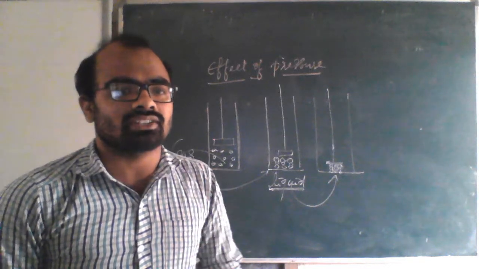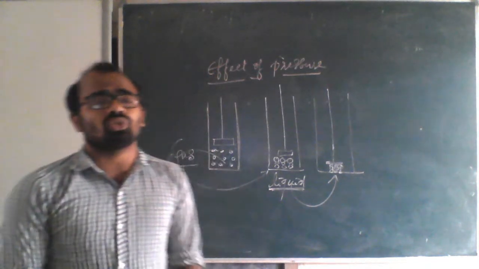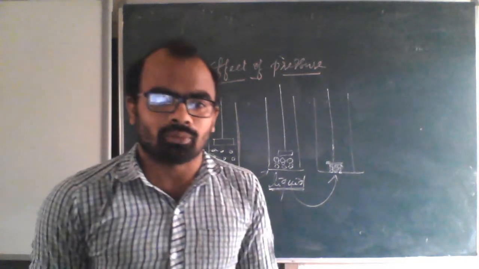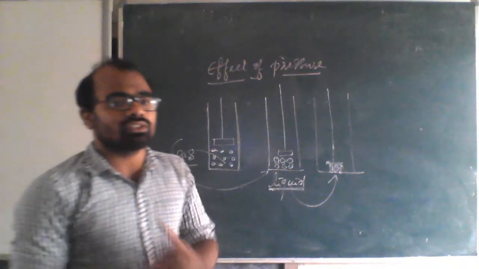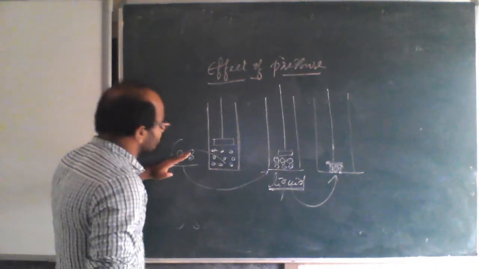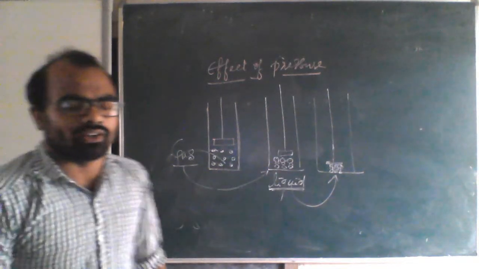In liquid state, it is moderate or medium. When it comes to solid state, it is compact. So this is how the effect of pressure happens. If you increase the pressure, gas will convert to liquid, liquid will convert to solid.